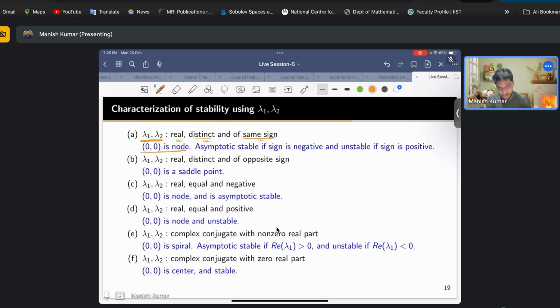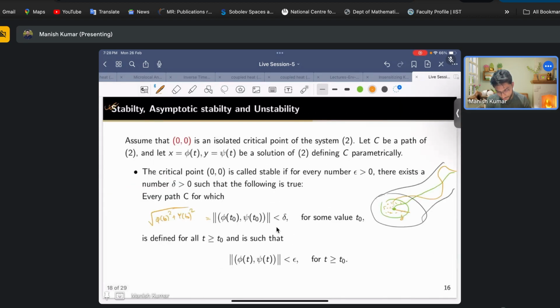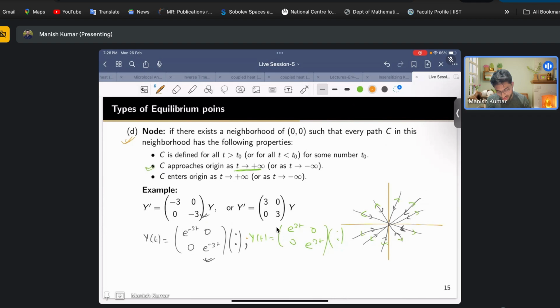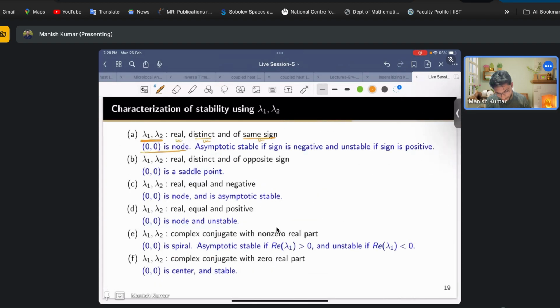So for example, look at this one. Here we had the same sign, you see. Here we had the same eigenvalues as well. Real and equal, this is also a node, but I understood why we have mentioned it, because we are saying something about stability and instability as well.